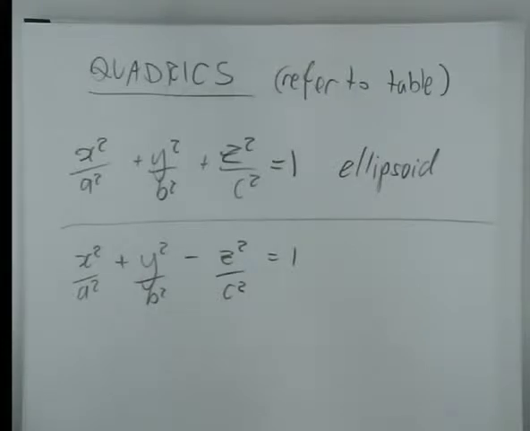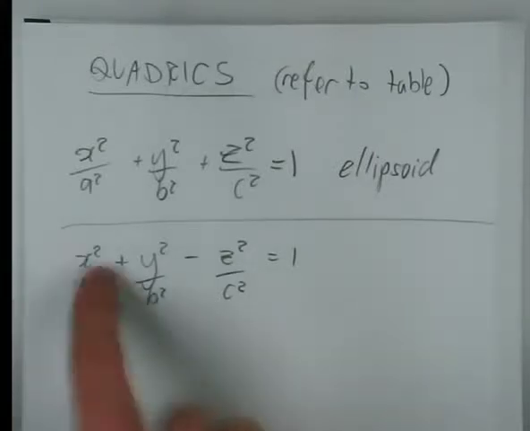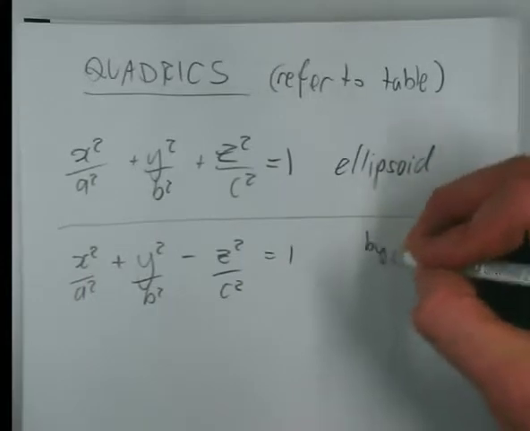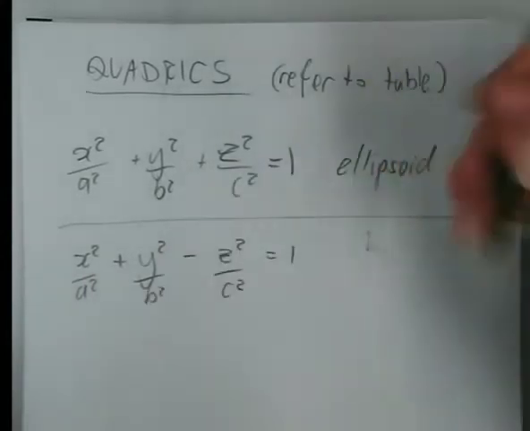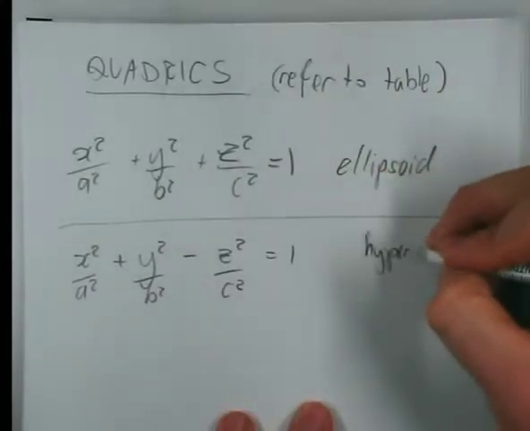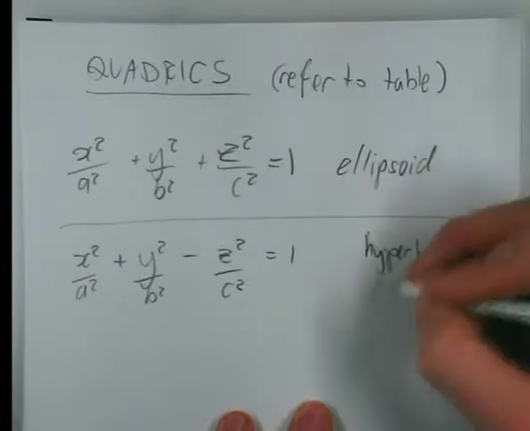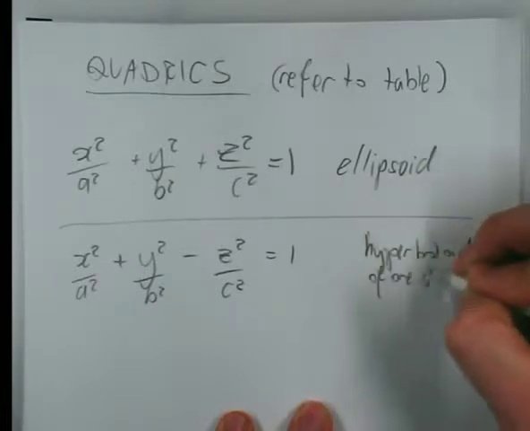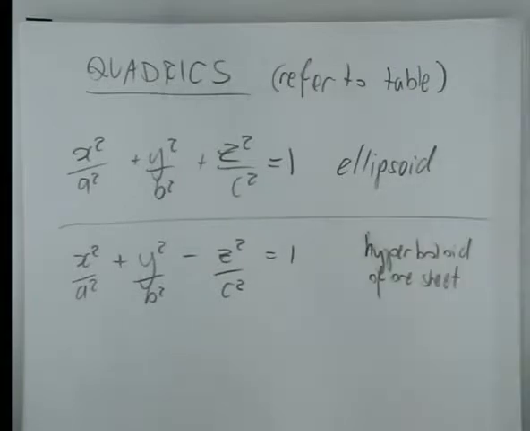So one negative out of the 3, it doesn't matter which one it is, will be a hyperboloid of one sheet. In the Maths Learning Centre, there are two models made out of red string that you may have noticed. The one that's sort of circular, that's the hyperboloid of one sheet, sort of nuclear power plant shaped.